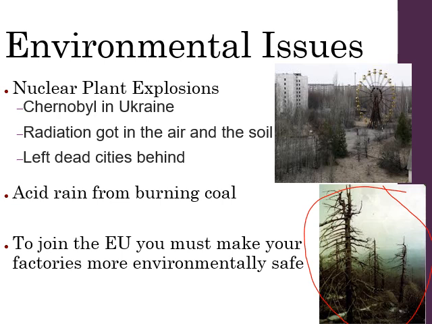And then the other thing that the non-Russian countries are dealing with is that if they want to join the EU, which they've now been invited to join, the European Union, they have to make their factories more environmentally safe. And so for the very first time, the environment is being addressed in Eastern Europe, and they're having to deal with it no matter what.